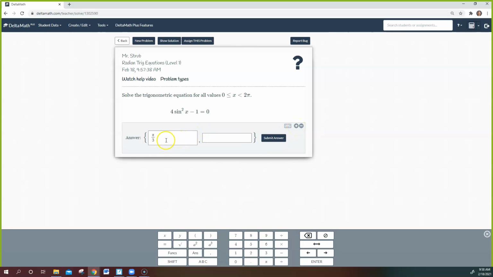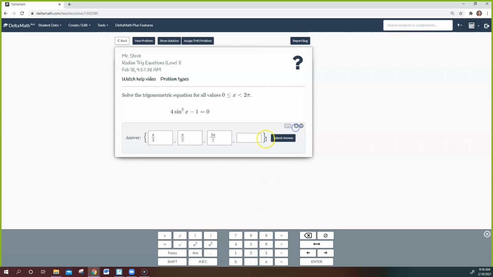You have to hit the plus box. So if I hit a plus, see how that gives me another answer. Again, I'm just making these answers up. Let's say it was pi over 2. Then I hit plus, and let's say this one is 3 pi over 2.